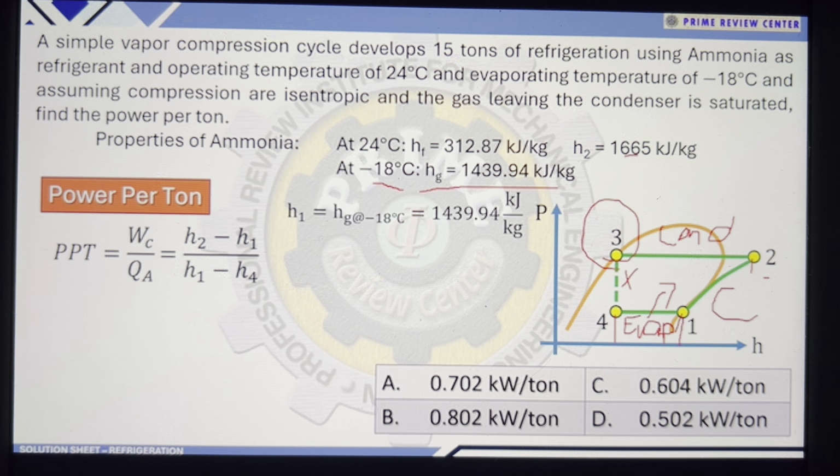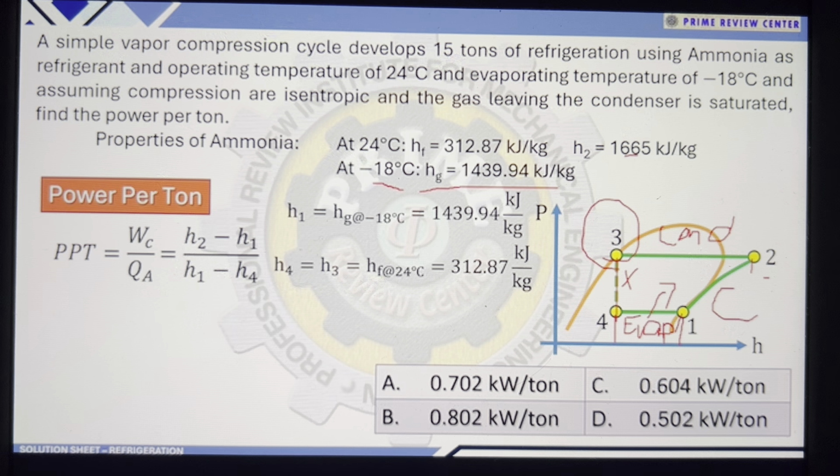And as we said, from 3 to 4 it is isenthalpic at the expansion valve, so they are equal. So H4 is H3, which is equivalent to Hf at 24 degrees Celsius. That is 312.87 kilojoule per kilogram.